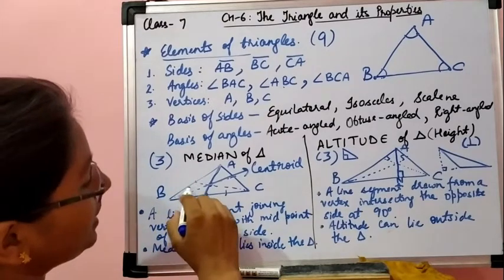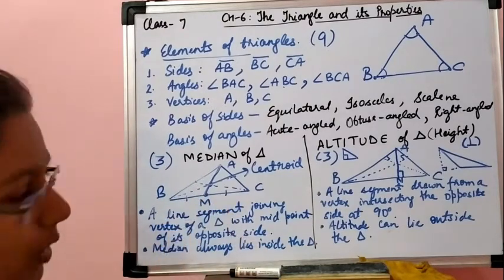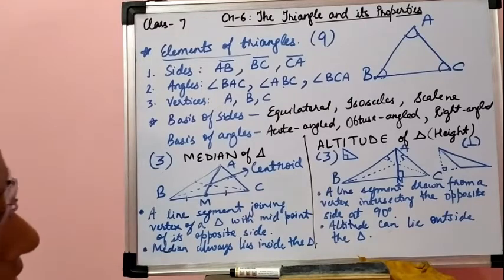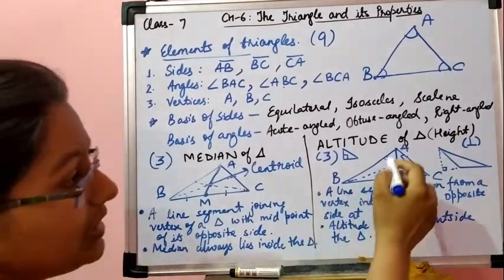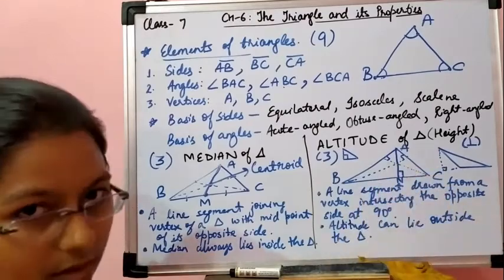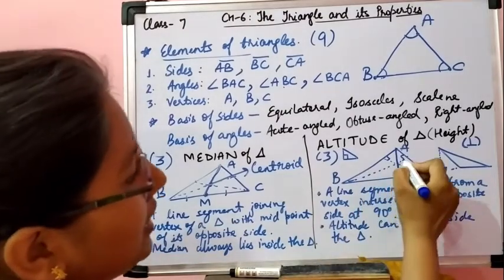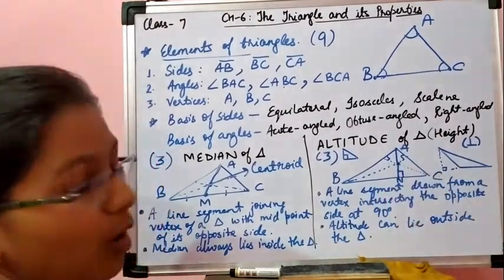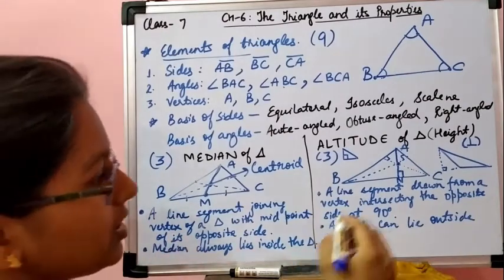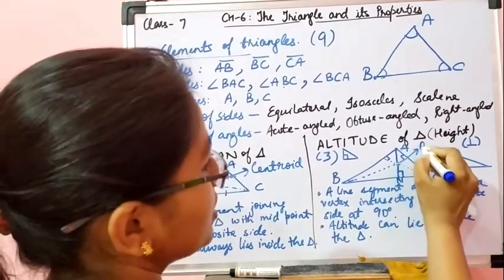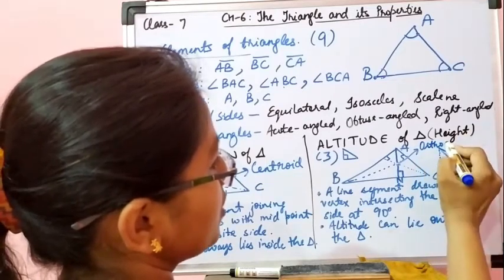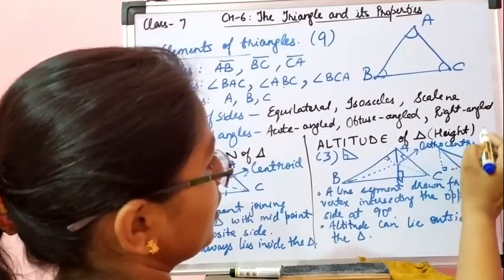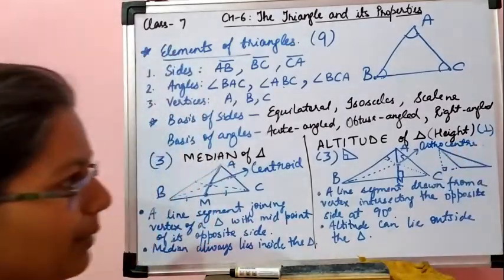Centroid. जहां पे आपके 3 मीडियन मीट करे जिस पॉइंट पे, उस पॉइंट को हम बोलते हैं सेंट्रॉइड. सिमिलरली जहां पे आपके 3 परपेंडिकुलर मीट करे, ठीक है, इसे हम क्या बोलते हैं? ऑर्थो सेंटर. ऑर्थो सेंटर.